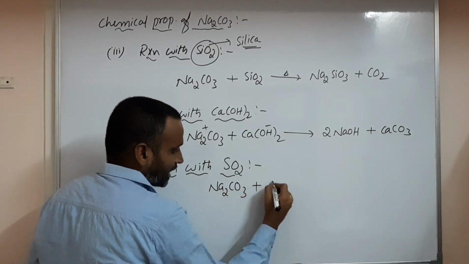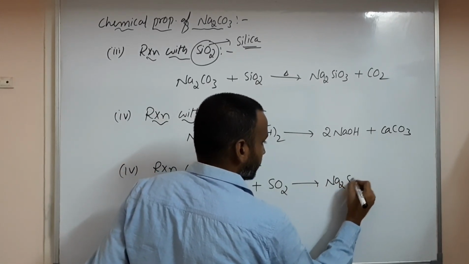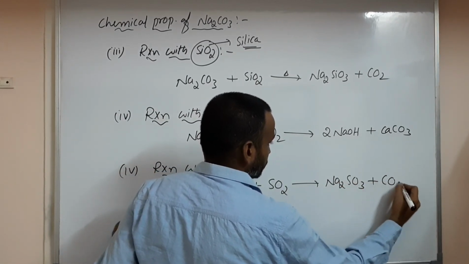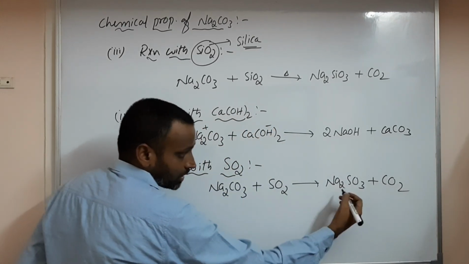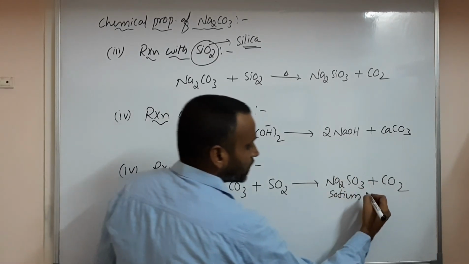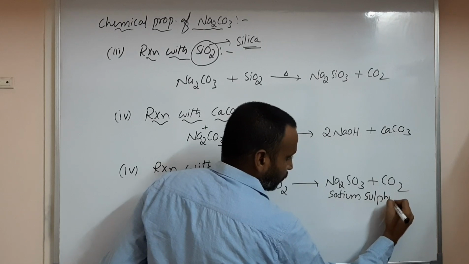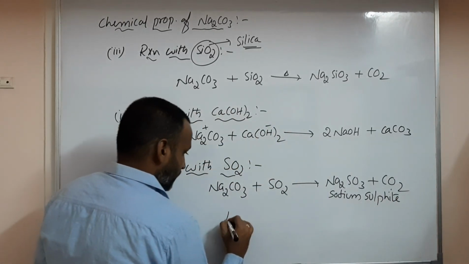Na2CO3 when reacting with SO2, first you will get Na2SO3 plus CO2. This formed sodium sulfite, not sulfate. Sulfate means SO4. Sodium sulfite actually.